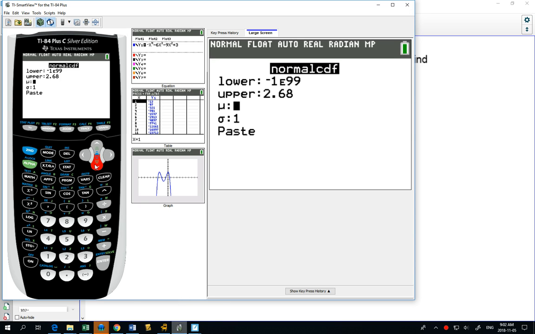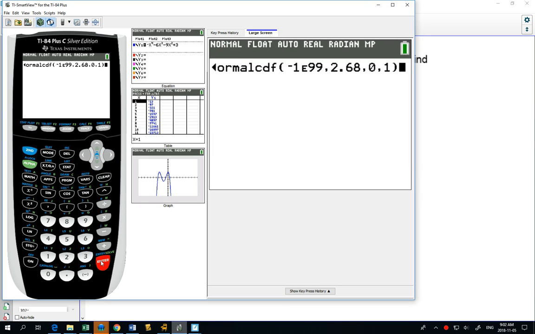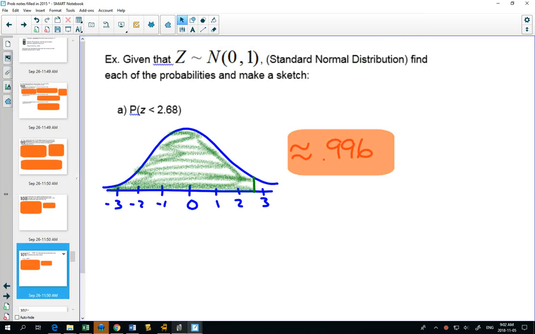Mean is 0, standard deviation is 1. Go down and paste that in. And yes, it was very, very close to 100%. To 3 sig figs, 0.996 or 99.6% chance.